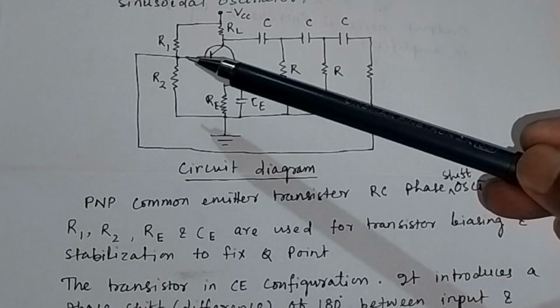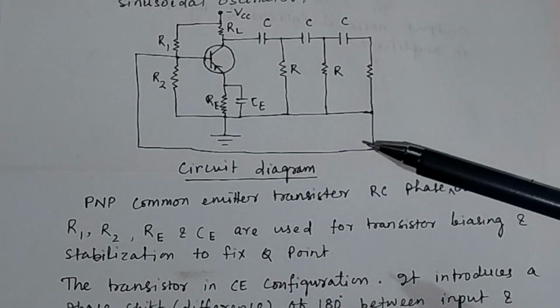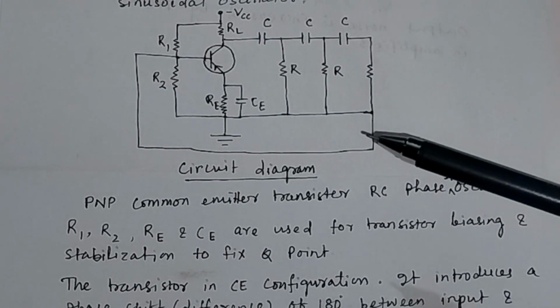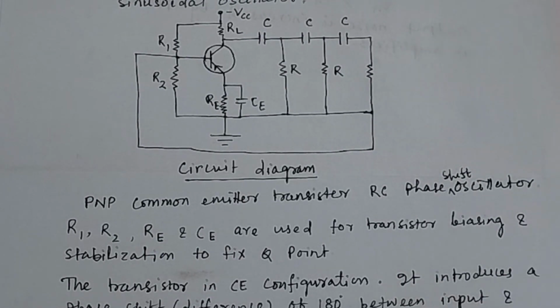That means there is a net phase shift of around 0 degrees or 360 degrees, and that we need in the case of positive feedback.